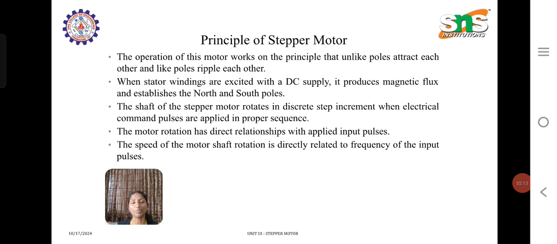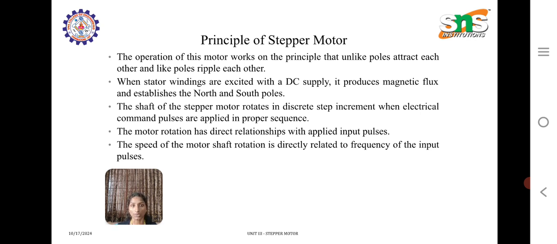Coming to the principle of the stepper motor, the operation of this motor works on the principle that unlike poles attract each other and like poles repel each other, as we all know. When stator windings are excited with a DC supply, it produces magnetic flux and establishes north and south poles. The shaft of the stepper motor rotates in discrete step increments when electrical command pulses are applied in proper sequence.